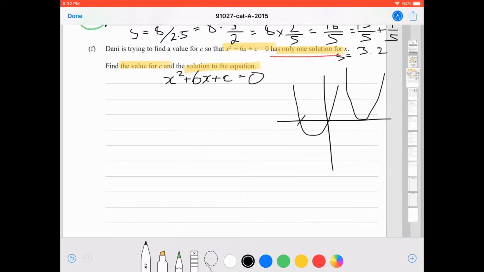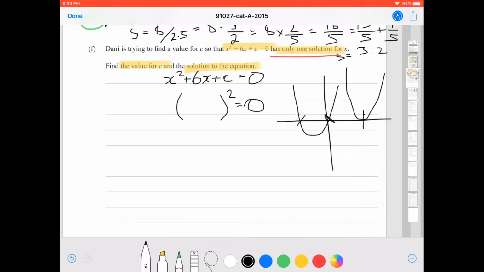So here would be your two roots, but in our situation we have one solution for x, so this is your solution here. Okay, and so if we think about factorizing this quadratic, instead of having two sets of brackets equaling 0, we're going to have one set of brackets, and so they're going to be raised to the power of 2 and equaling 0.